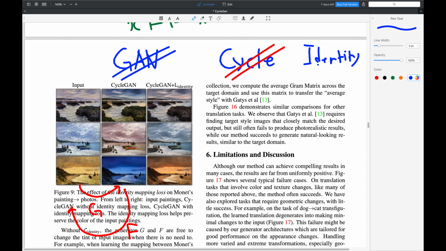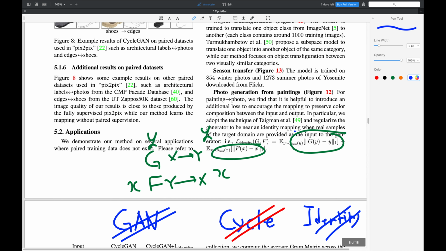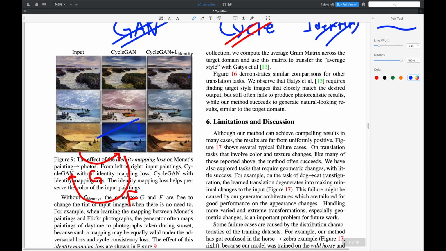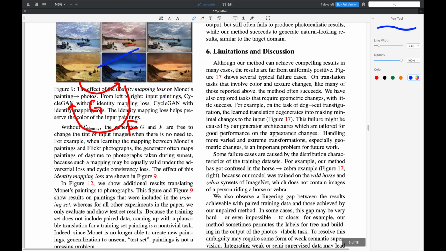But now, because of the identity loss, it also has to produce a pink tinted image with the same color. So by minimizing the identity loss, we can implicitly ensure that the input and the output will have a similar color. So this identity loss was only used in the problem of converting paintings to photos, because this is the task where maintaining the color is really important. So this, in my opinion, was a pretty interesting addition to the network, to the framework.